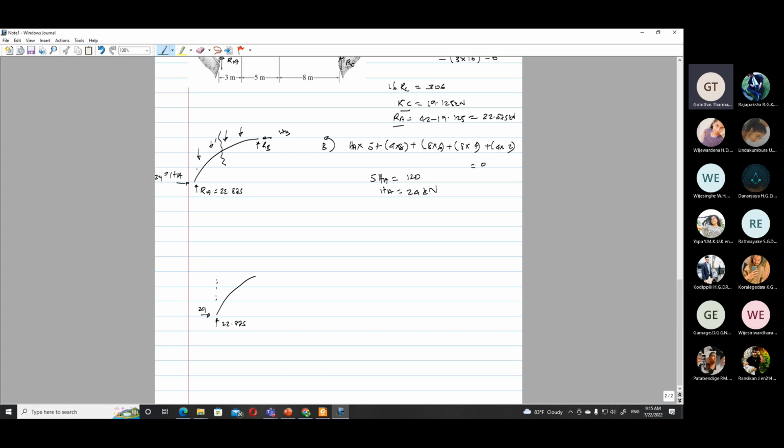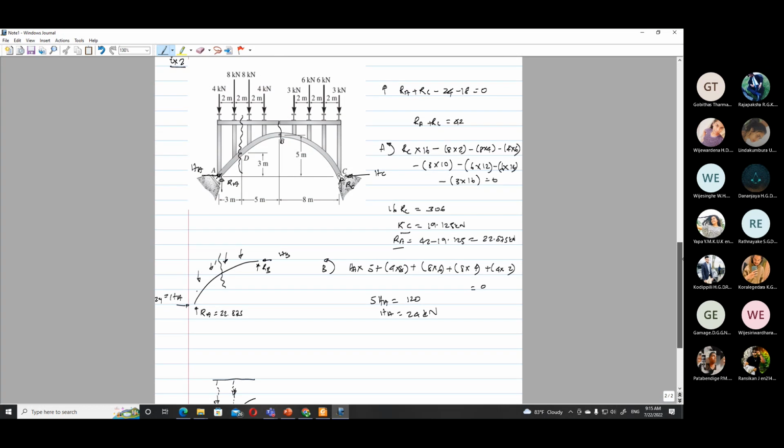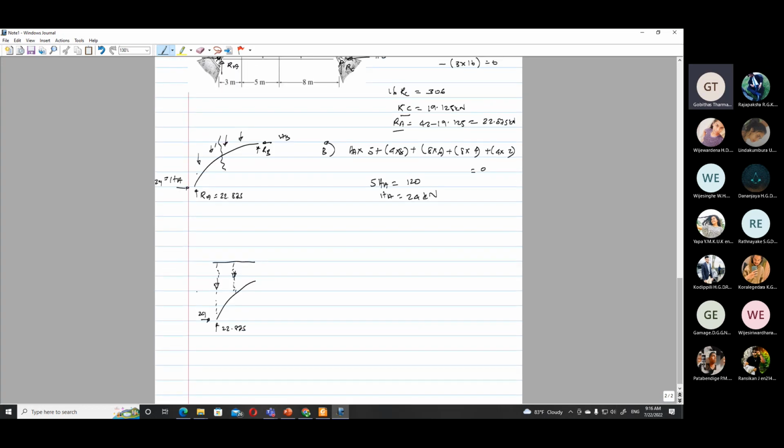The 4 is acting here. Then I have this force, that is 8, acting there. So I'm cutting this at this point.